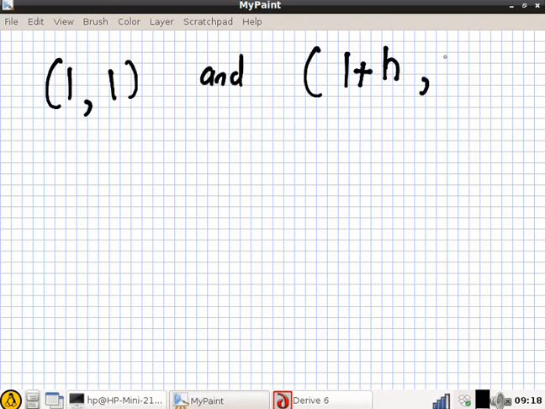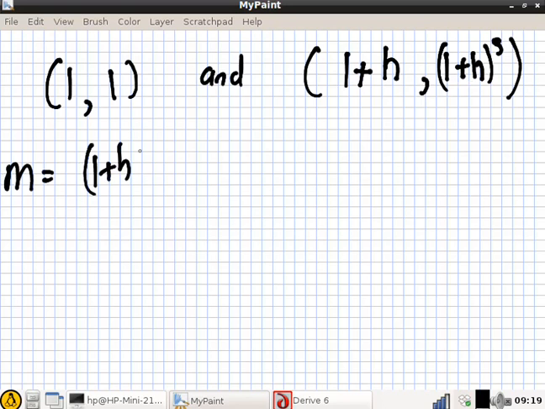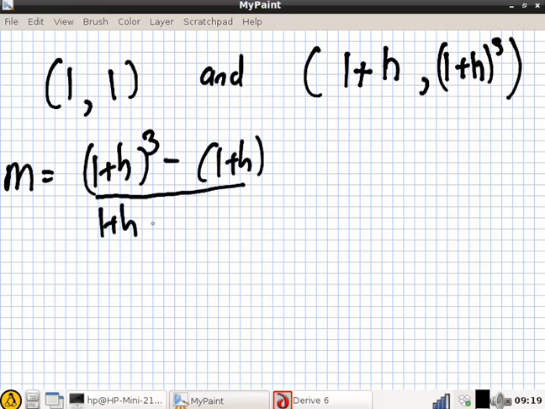And then what would the y value here be? 1 plus a small number cubed. Can you see that? So this is like 1, 1, and then 1.001 and 1.001 cubed. If you want the slope, you know how to do that. It's 1 plus h cubed minus 1 plus h all over 1 plus h minus 1.